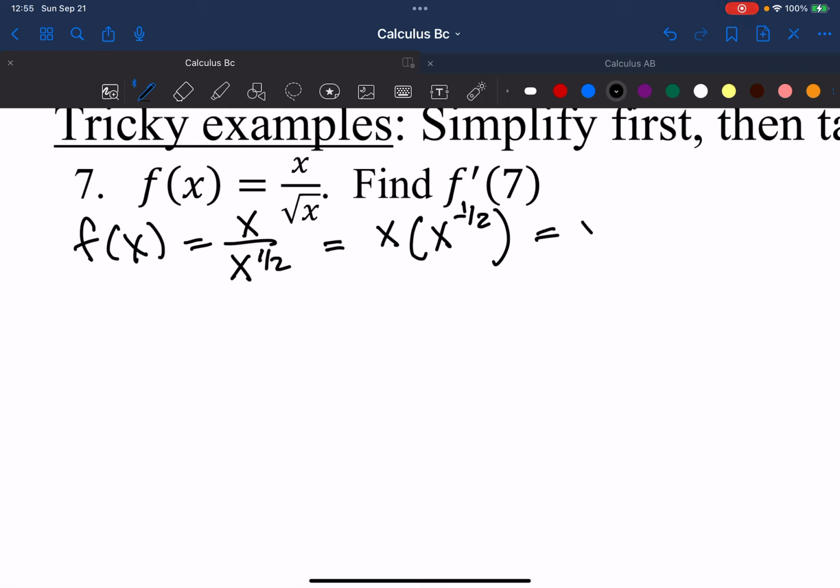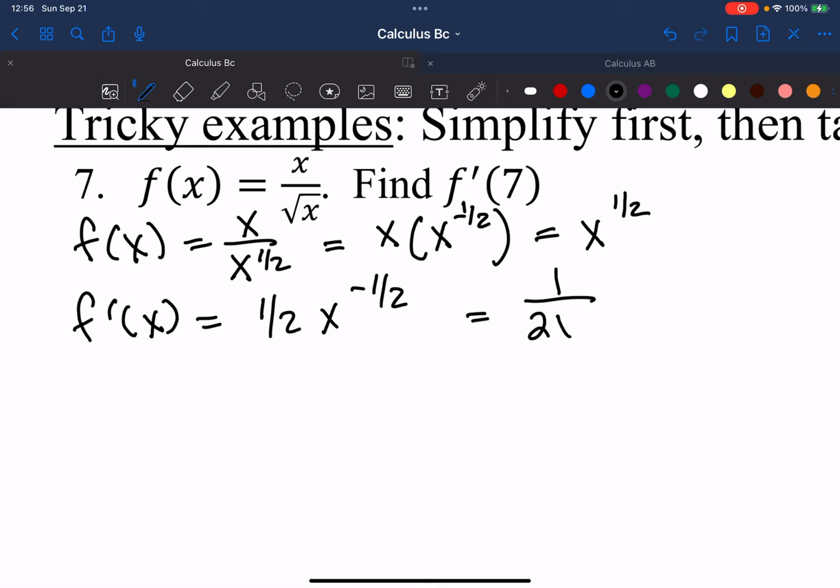So this is the same as x to the 1/2 power, which means f prime of x is equal to 1/2 x to the negative 1/2 power, which is the same as 1 over 2 square root of x. Then we can plug in 7, so f prime of 7 is equal to 1 over 2 square root of 7.